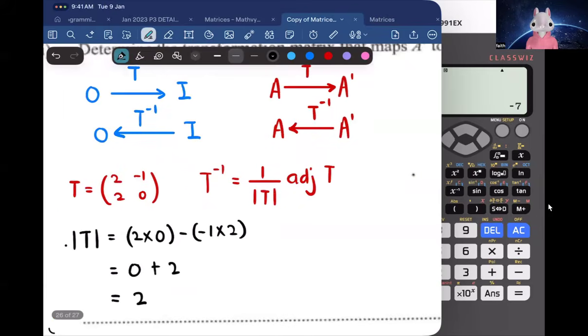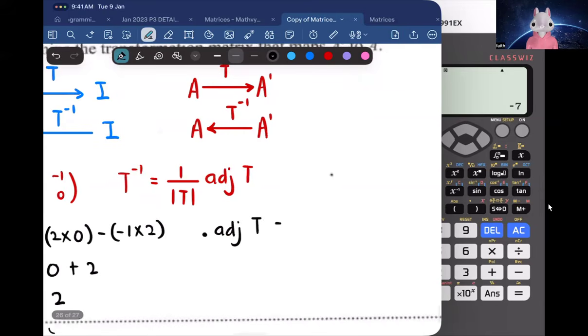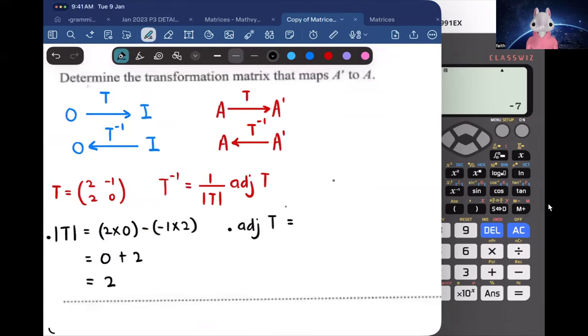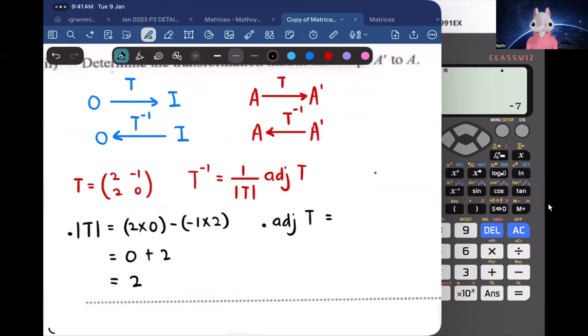Now we need to figure out the adjoint of T. Faye, do you remember how to find the adjoint of a 2 by 2 matrix? Perseus, I know you used to have trouble with this, right?